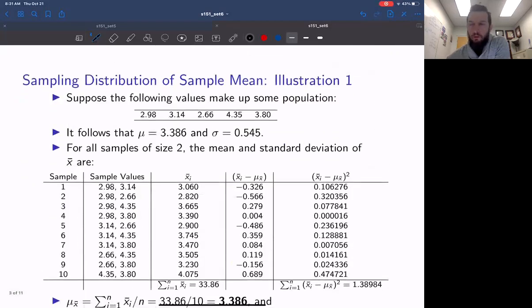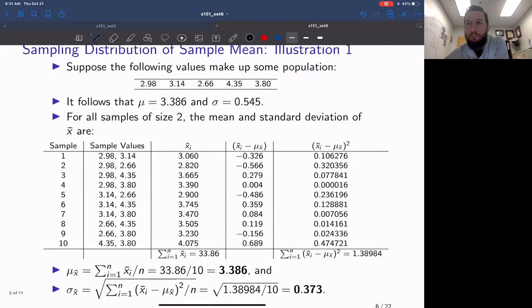Okay, so suppose you have a population with only 5 values in it, right? Again, very simple illustration. The mean and the standard deviation of the population are 3.386 and 0.545.